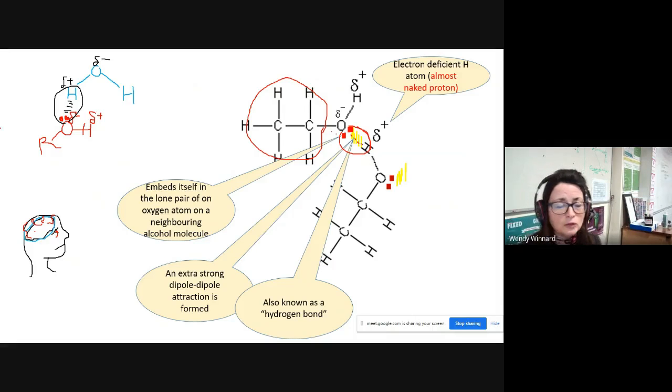So water molecules can hydrogen bond with alcohol molecules. They like each other a lot because they're both very polar. So you don't just get alcohol molecules hydrogen bonding with each other, you can also get water and alcohol hydrogen bonding together. So hydrogen bonds are called bonds, but they're very strong dipole-dipole attractions.